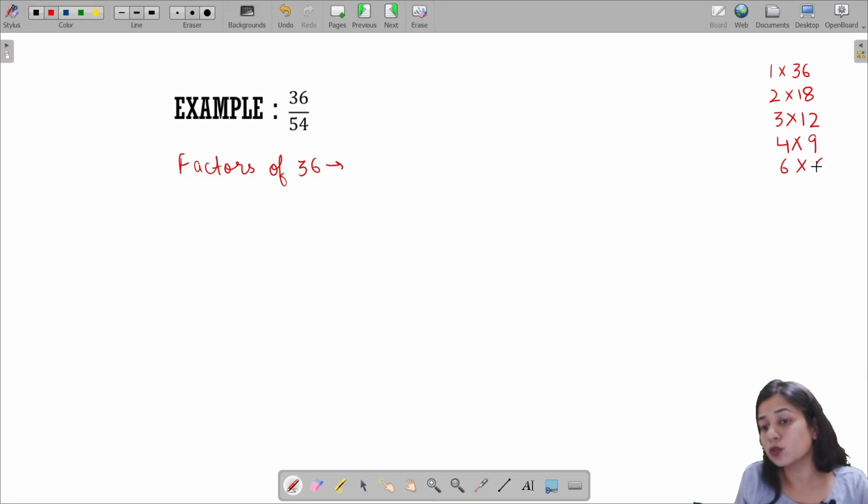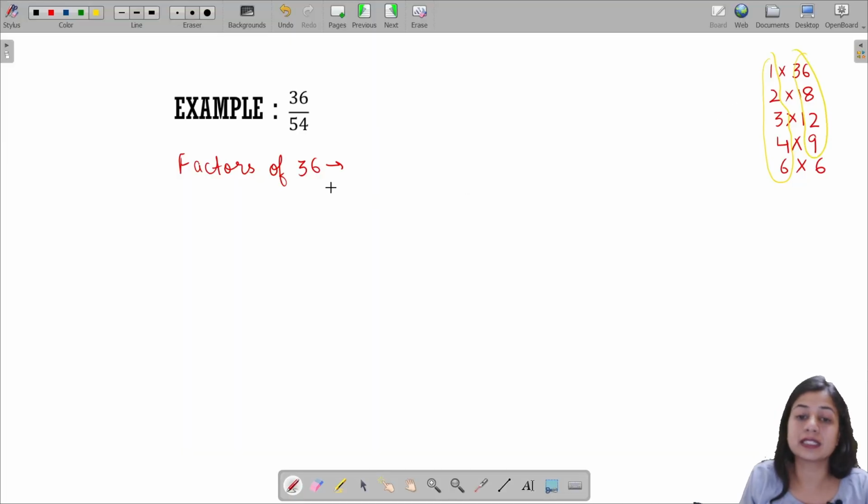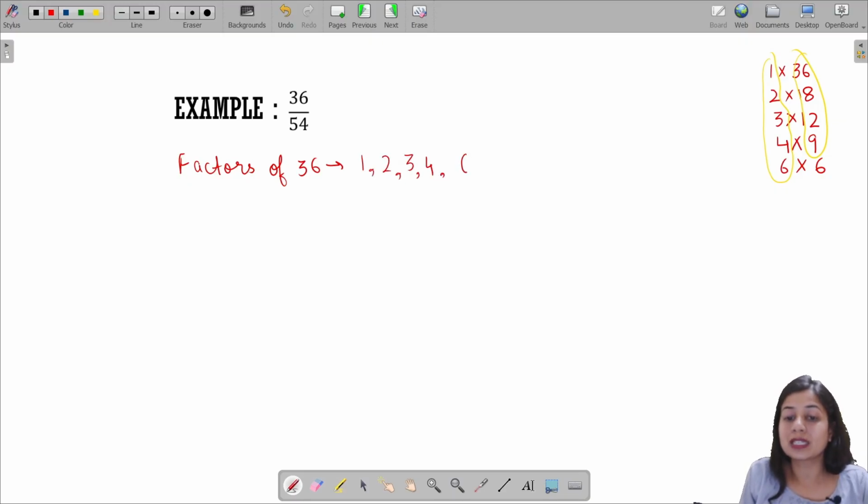Then 6 into 6 gives us 36. So all of these are the factors. 1, 2, 3, 4, 6. Then 9, 12, 18, 36 are factors. So let's write them here. 1, 2, 3, 4, 6, 9, 12, 18 and 36.